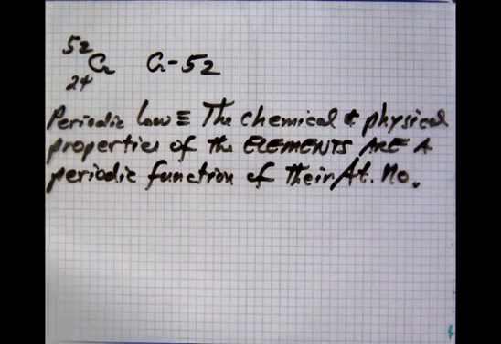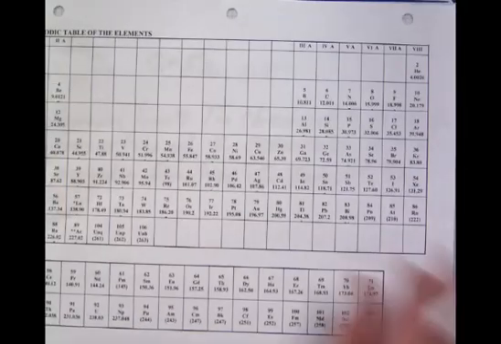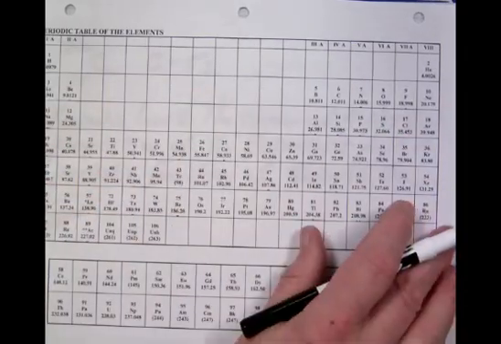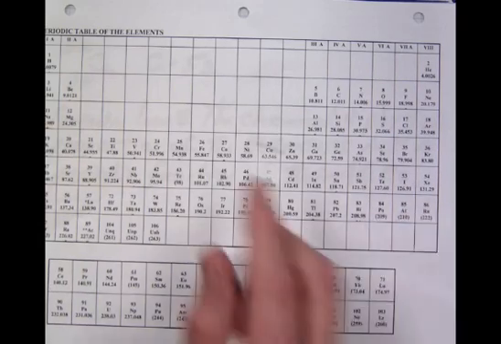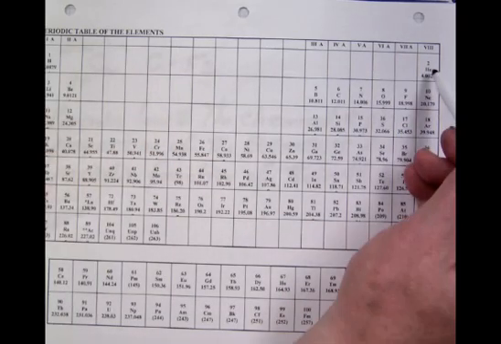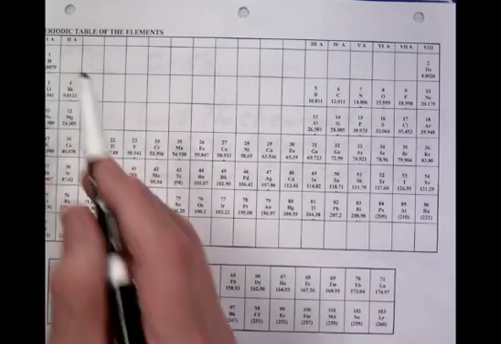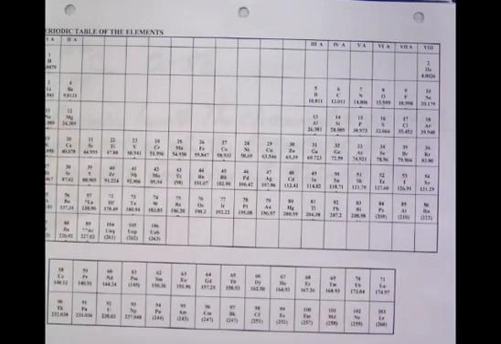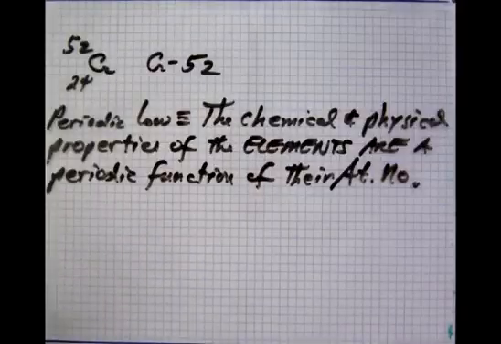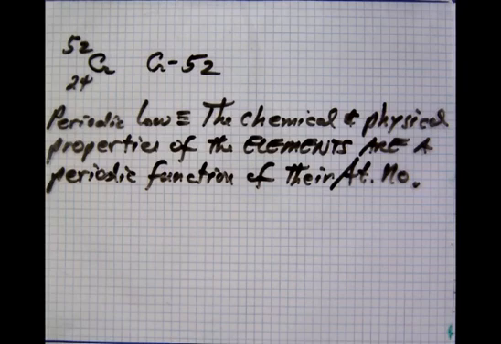So the arrangement of the periodic table here is in terms of elements' proton numbers in the nucleus. Hydrogen has 1, helium has 2, lithium has 3 protons, 4 protons, and all the way up to the maximum, our largest element on the chart. So that's one issue that you need to kind of keep in the back of mind.